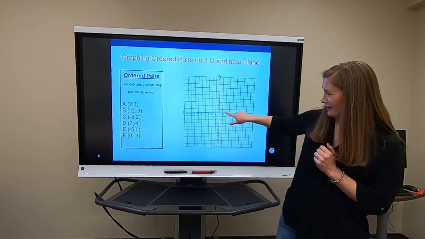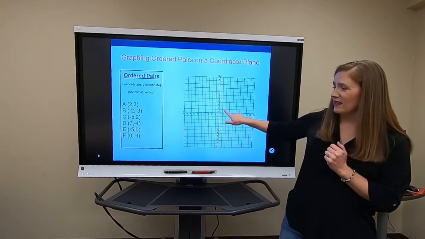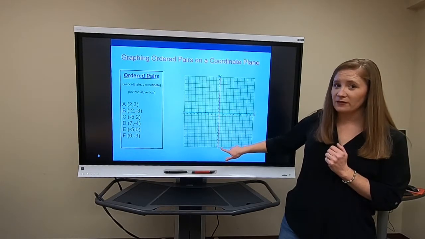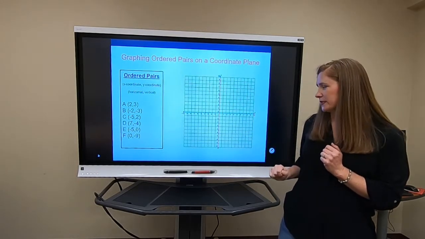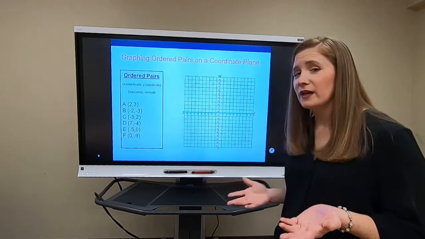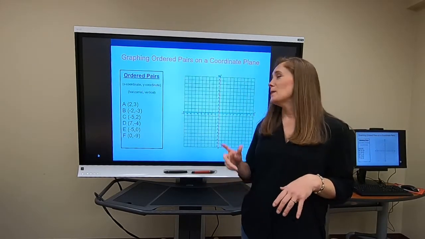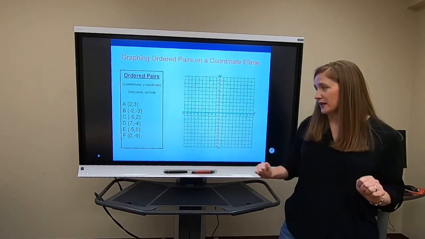And also the red line beneath the intersect with the origin has negative numbers also. Okay, that's very, very important because that is what defines the different quadrants. Now, you have been working with negative numbers this year in 6th grade, so you're familiar with them. But graphing them, you probably have not done yet.